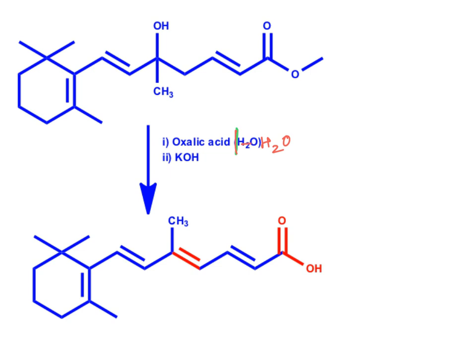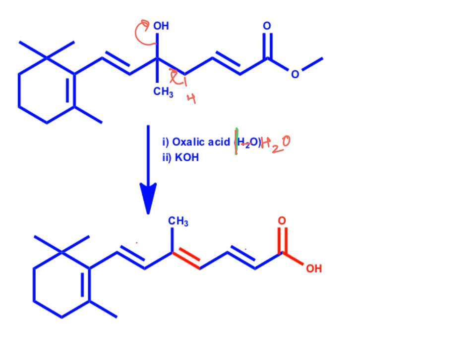By taking this hydroxy ester with anhydrous oxalic acid, elimination of a water molecule takes place, which forms a double bond in between, and this double bond is conjugated to this double bond and this double bond.